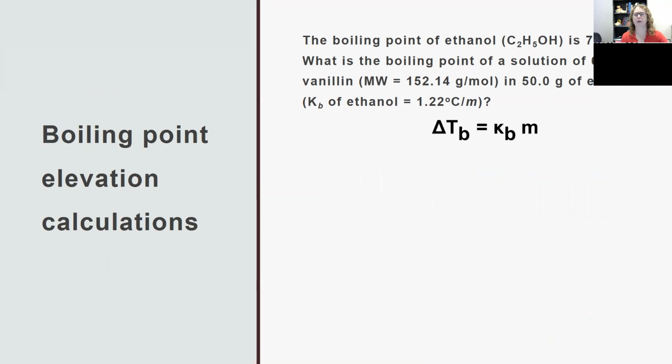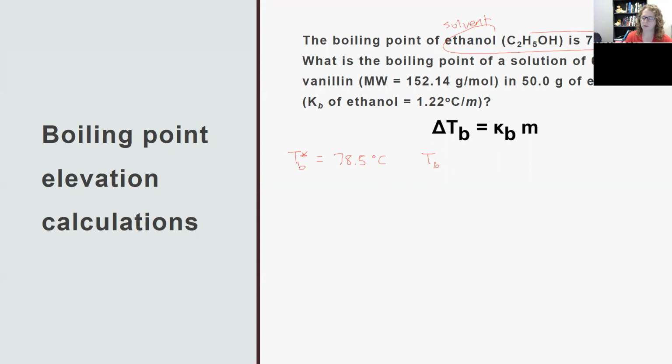So here's a simple boiling point elevation calculation involving ethanol. And the way that this is written, I can tell that ethanol is the solvent. Why? Because I know its boiling point. So I know that T star equals 78.5 degrees Celsius. What I don't know yet, of course, is the boiling point of the solution.